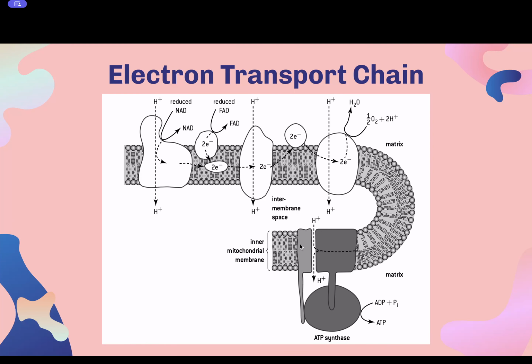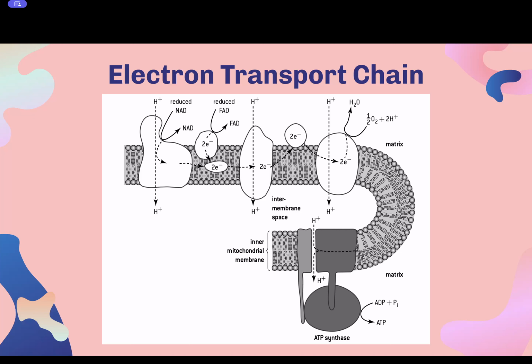Okay, the way chemiosmosis works is at every proton pump, there's enough energy due to the movement of the electrons to push H plus ions that already exist in the matrix into the intermembrane space, against the concentration gradient.